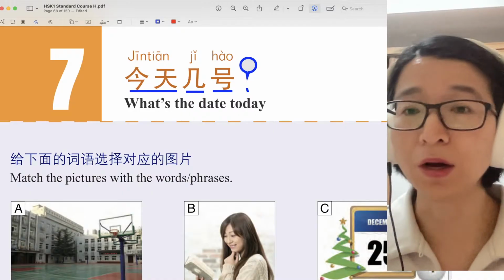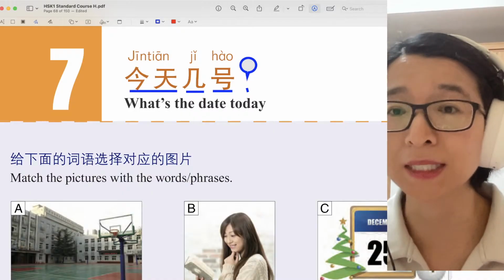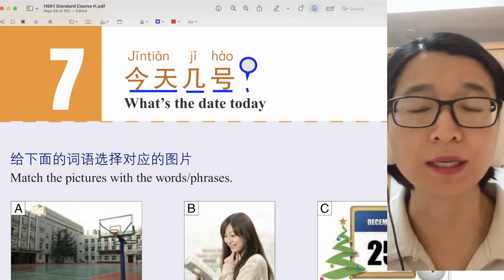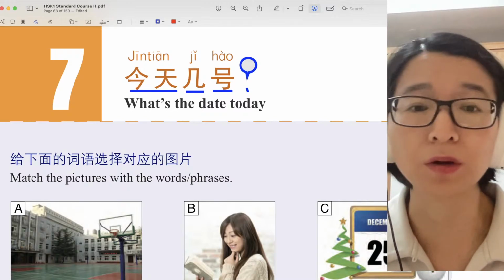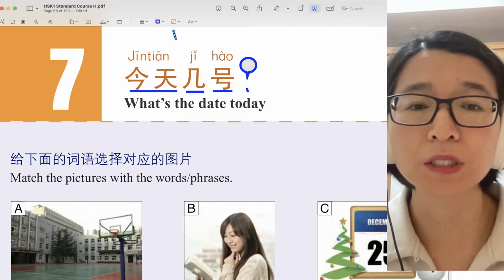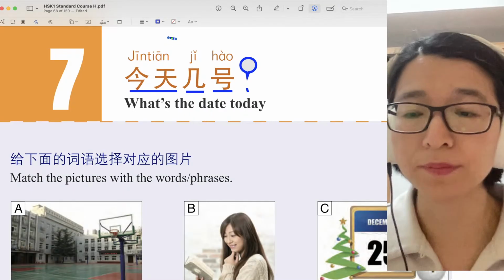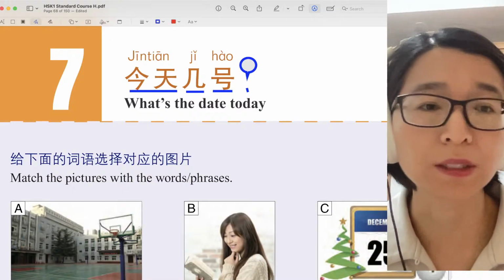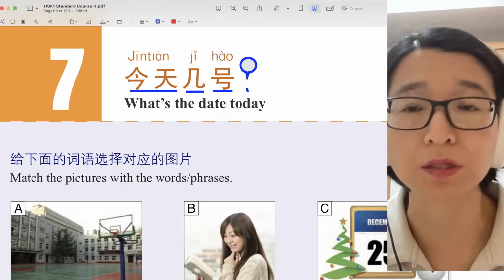今天几号? 今天24号. Or you can also add 是 here. You know 是, right? 今天是24号.